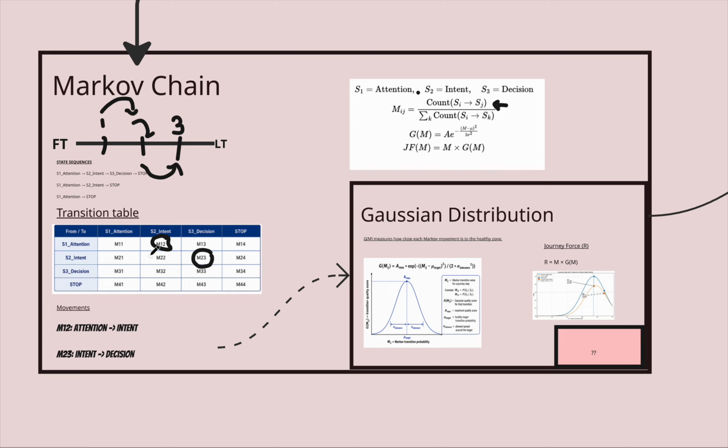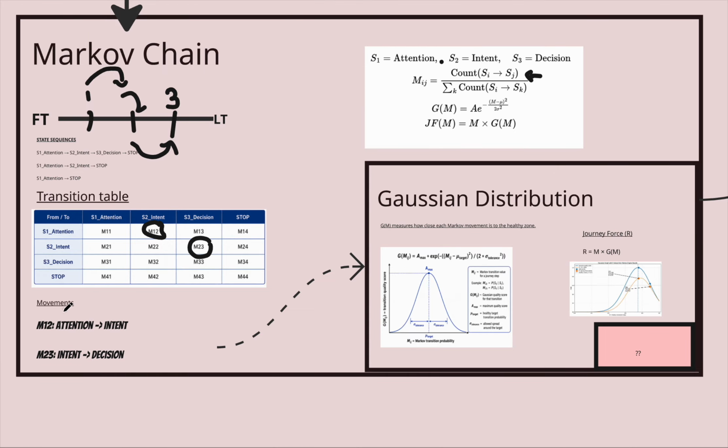So here M12 means the probability for the average customers to move from state 1 to state 2, and M23 the probability for average customers to move from state 2 to state 3. After that, we will have the movements.